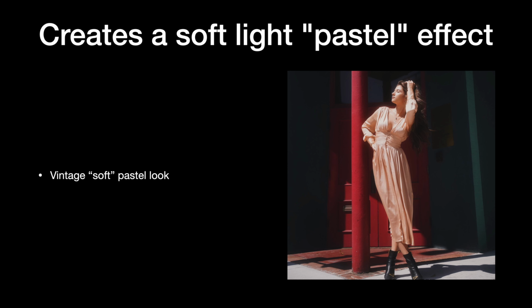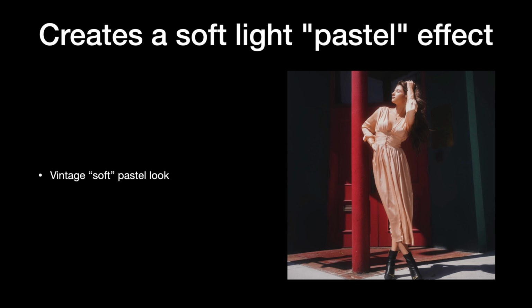If you choose a certain color like red and green, it just adds a pastel look. It will look a little bit less red and a little bit less green, so it has a vintage washed out look for your vintage style portraits.